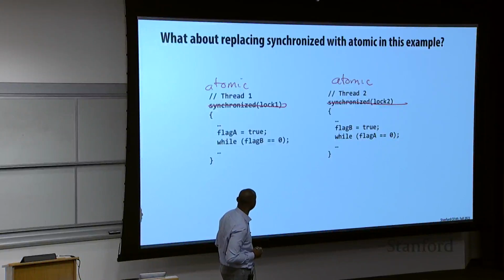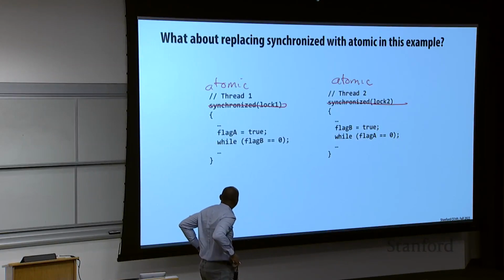Yeah. Fundamentally, what are the semantics of atomic? If I gave you this code, given that I've told you about the semantics of atomic, what would you expect to happen?